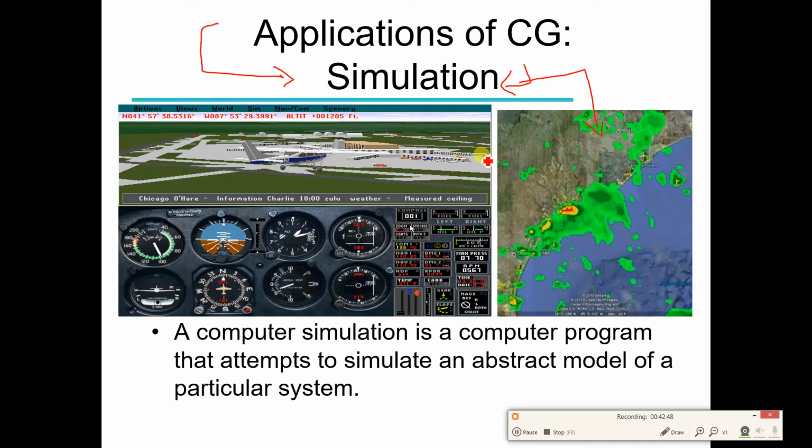The second kind of simulation is when we have to perform some operation which might be expensive or dangerous to perform in the real world, so we create a simulated environment. For example, for the training of pilots, the people who fly aeroplanes, directly allowing a person to sit in the cockpit and fly the plane can be dangerous and expensive.